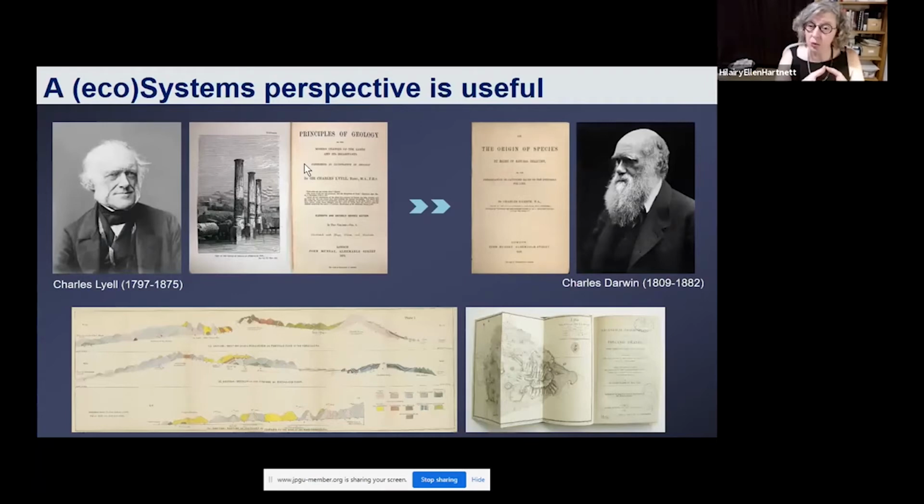As early as Darwin and his voyage on the Beagle, he is reputed to have taken Charles Lyell's Principles of Geology with him on that ship. And you can see in his notebooks beautiful maps, and he had a clear understanding of how organisms evolve in their environmental context. This is critically important for thinking about planets, particularly at large scale.